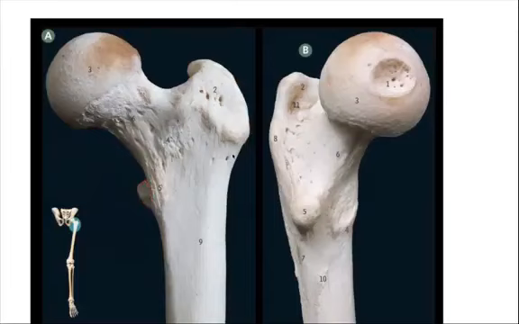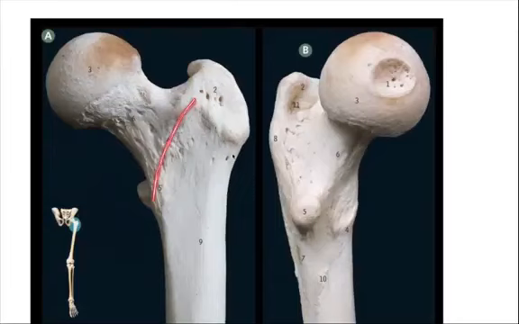But if you are seeing from the medial aspect, which is picture B, you can see the lesser trochanter clearly. Also, you can think about a line, which is number 4. It is the intertrochanteric line.